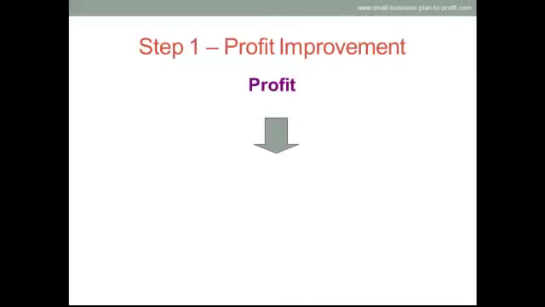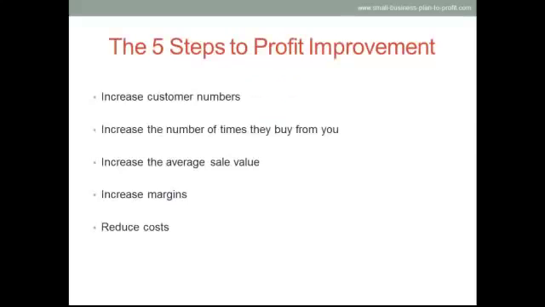So we're right in the profit improvement element of our 3-step process, our profit to growth to wealth process. We're very much looking at profit improvement here in this second module. So the 5 ways to increase the profit in your business. You need to look at ways to increase your customer numbers.